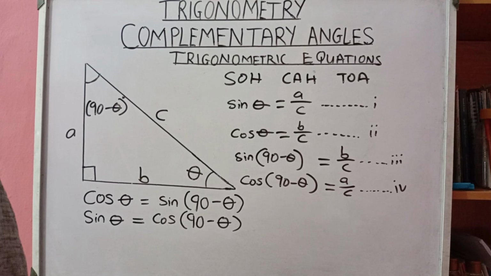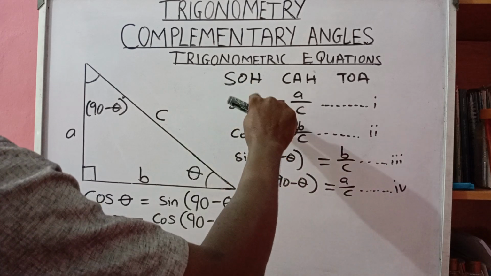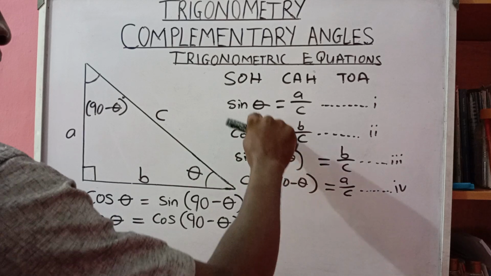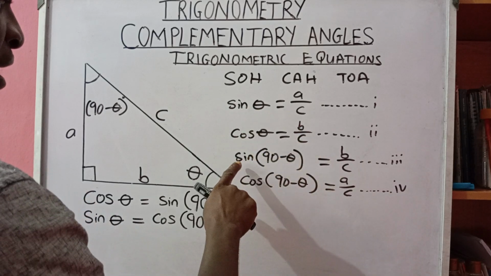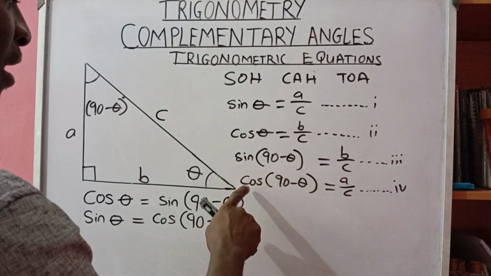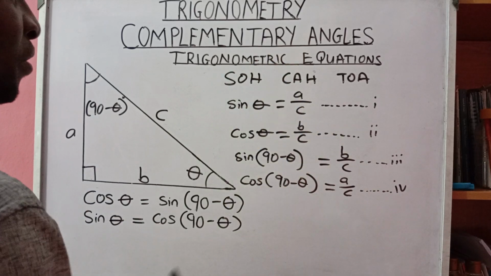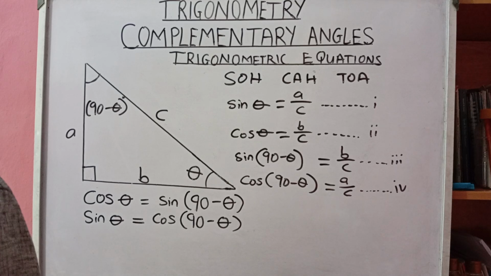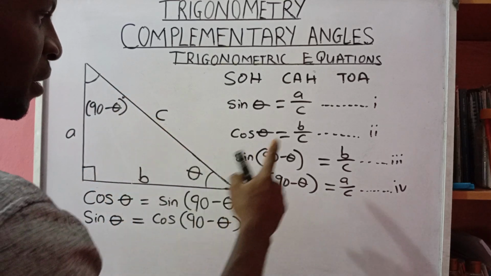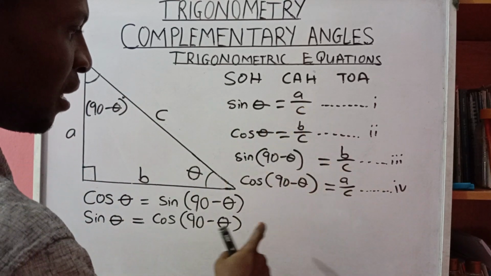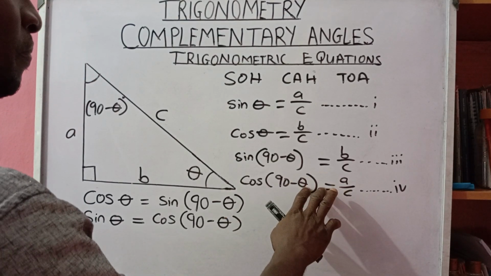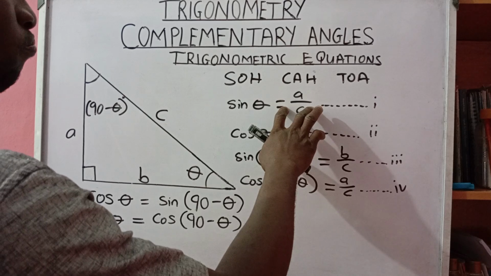Now that we've gotten this, what we are going to do is compare sine theta and cos theta with sine of 90 minus theta and cos of 90 minus theta, and see the ones that are giving us the same result. If you look at it carefully, we have A over C here, and we equally have A over C here. That is to say that this and this are equal.